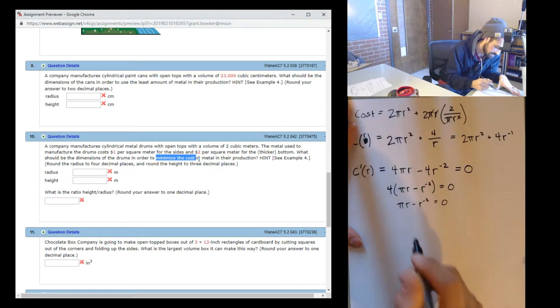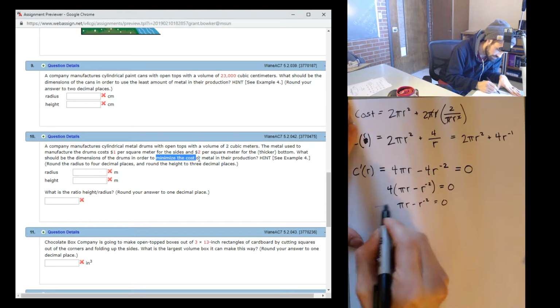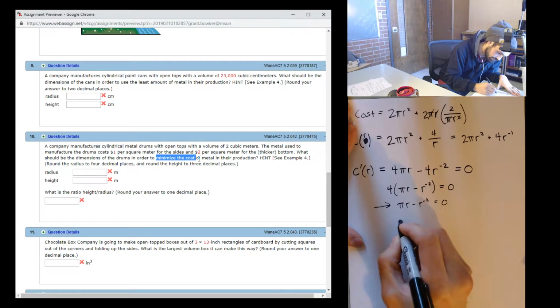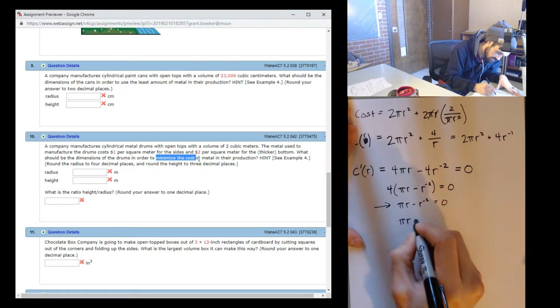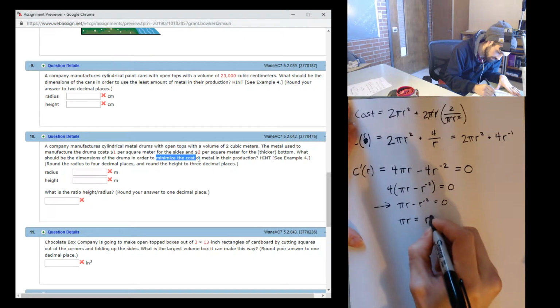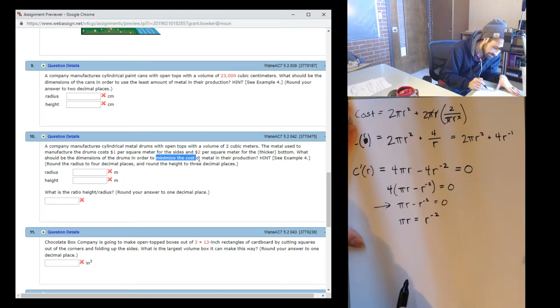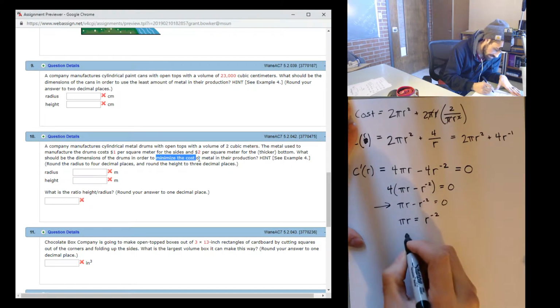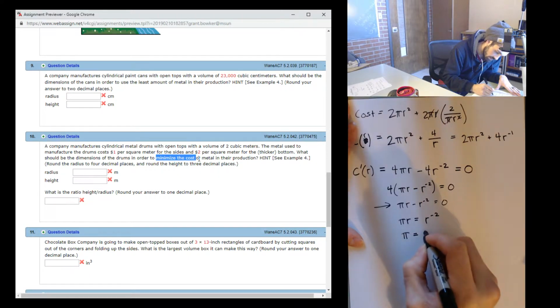Actually, easier. We want to solve this for the value of r that makes it true. So pi times r is equal to r to the minus 2. I've simply added r to the negative 2 to the other side of my equation and then divided by r to see that pi is r to the negative 2 divided by r.